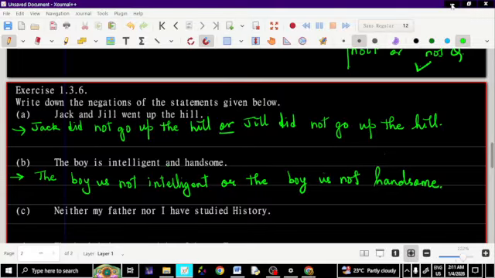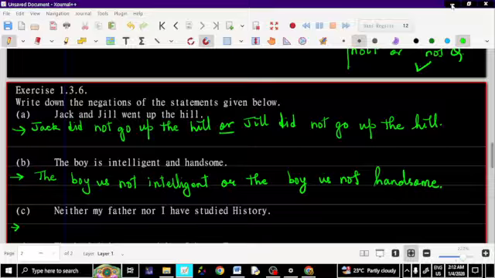Neither my father nor I have studied history. That means both of us, me and my father, have not studied history. So I have not studied history and my father has not studied history. Right? So again, it is of the same type. So how will I negate it?